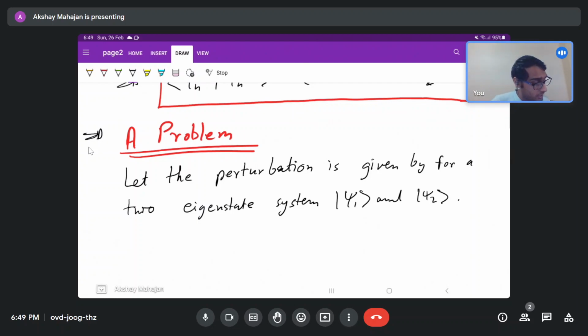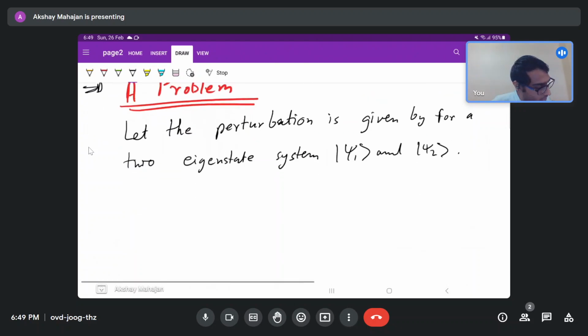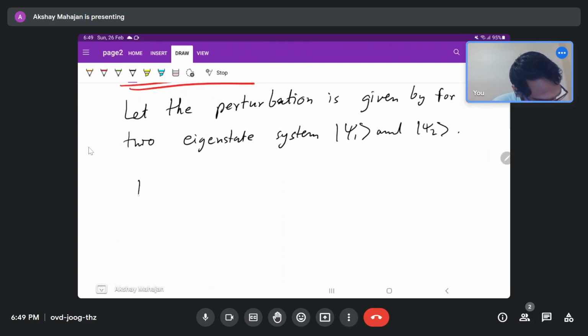Let us consider a two eigenstate system, psi 1 and psi 2, and we are providing a perturbation h cap prime.